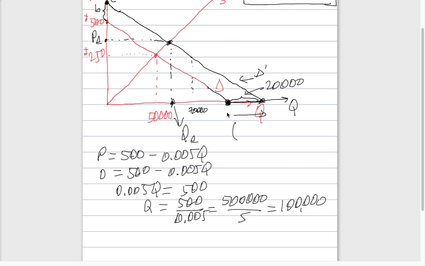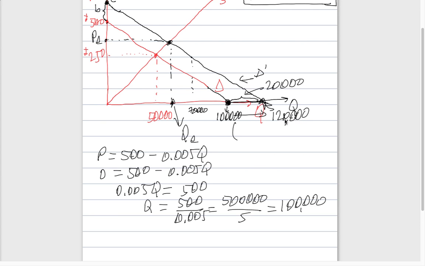So the quantity at this point is 100,000. Now because we shifted the demand curve because of taste changes by 20,000, this point here is now 120,000. This is the point where price is 0, but with the new demand curve, the crossing point of Q and the demand curve is 120,000.